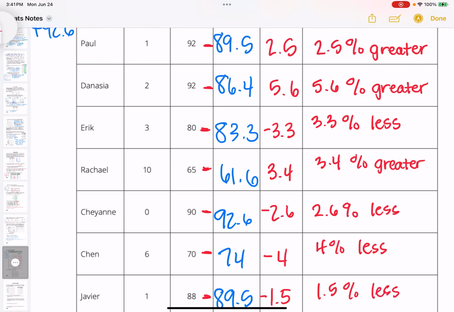That's all you have to do for the interpretation, because that's a very tiny space for a very long sentence, so I didn't want y'all to have to write all of that.